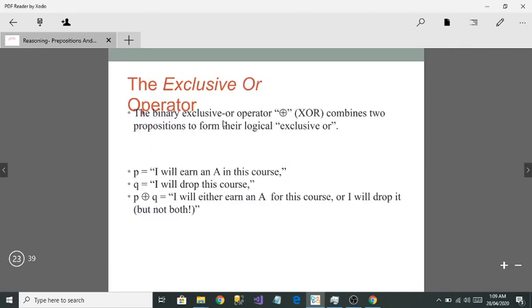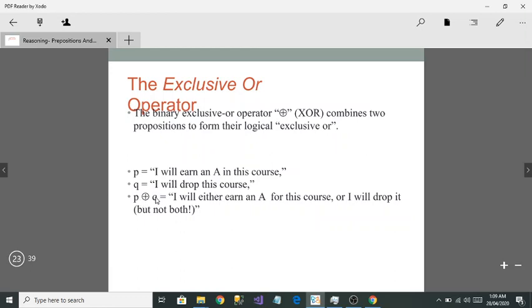So exclusive OR. Exclusive OR we write as this one, and it is also called XOR. What it does, it combines two propositions to form their logical exclusive OR. So let me tell you, P is I will earn an A in this course, and Q is I will drop this course.